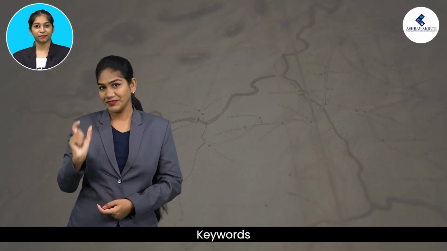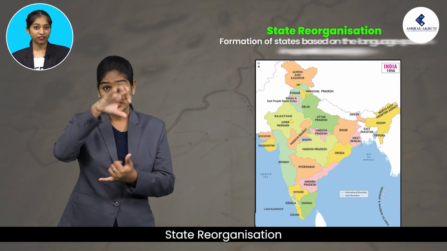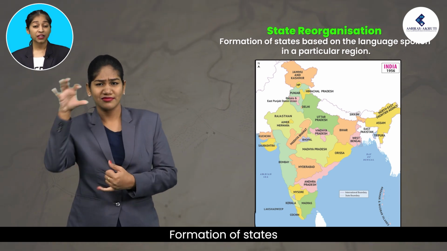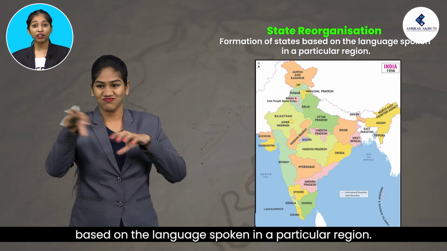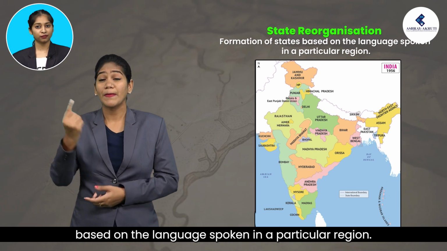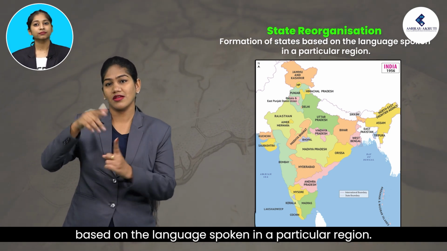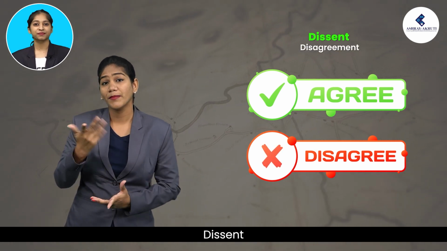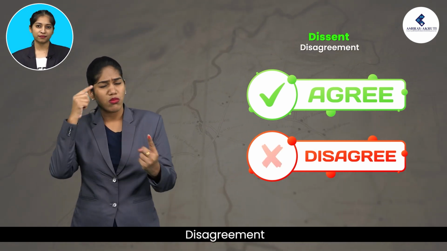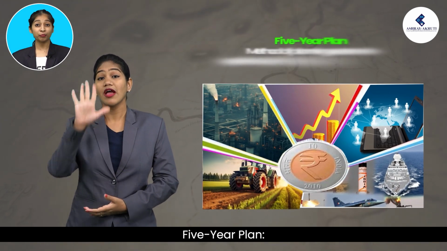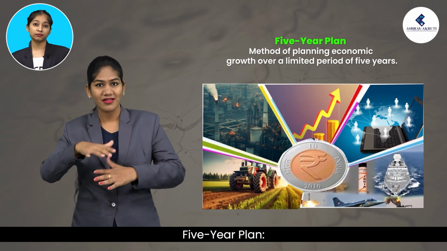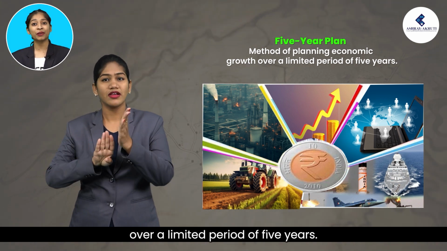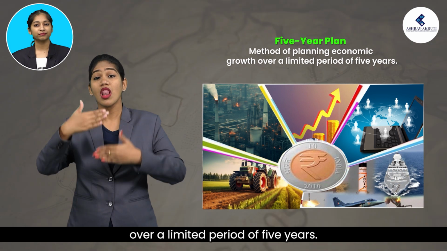Keywords. State Reorganization: formation of states based on the language spoken in a particular region. Dissent: disagreement. 5-year plan: method of planning economic growth over a limited period of 5 years.